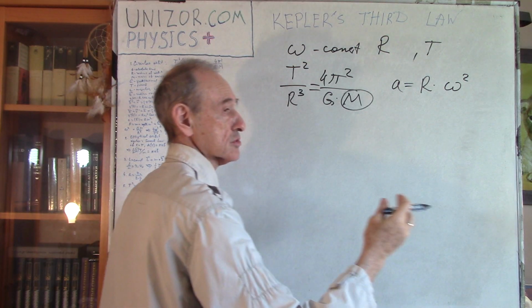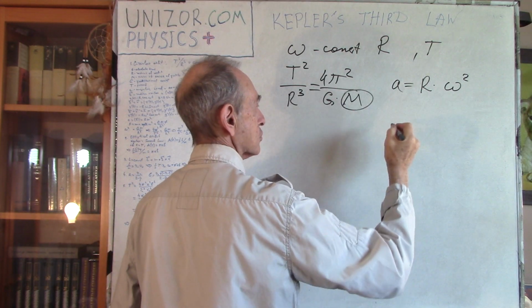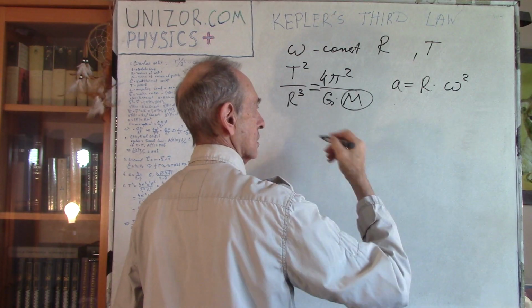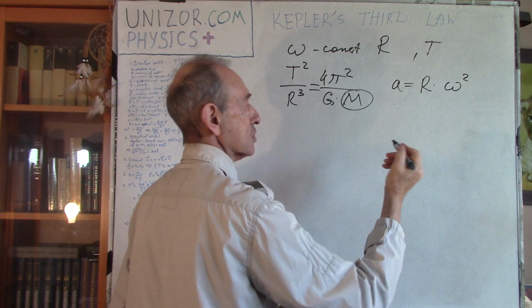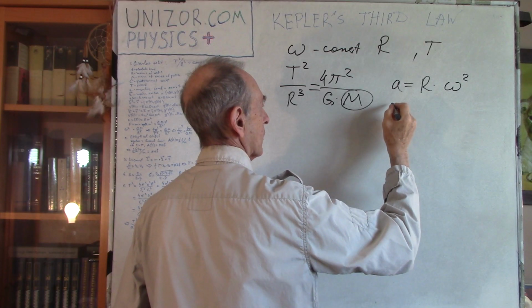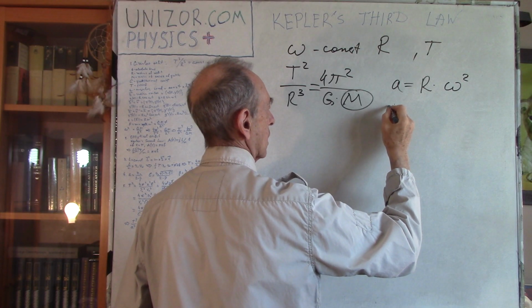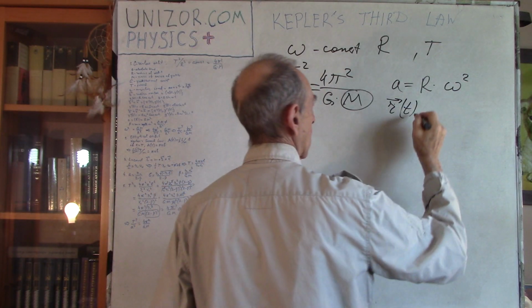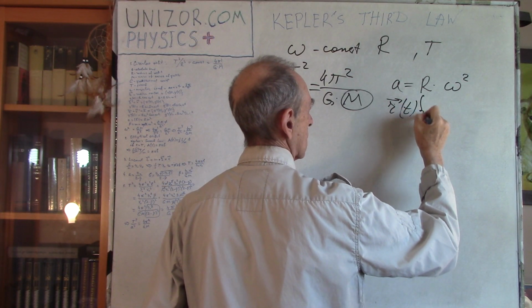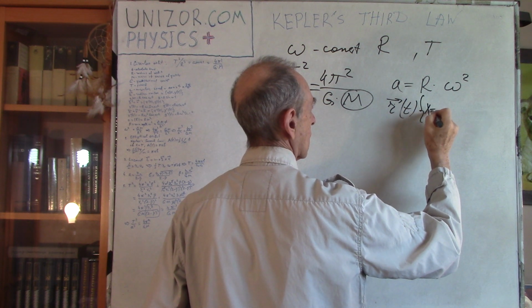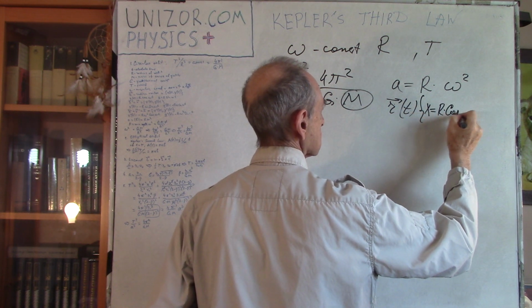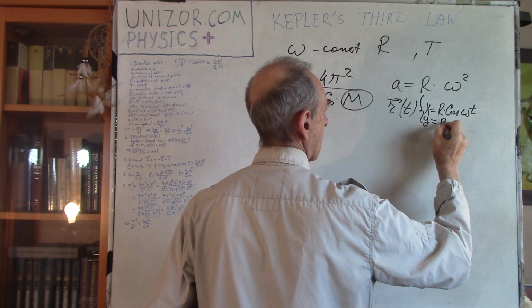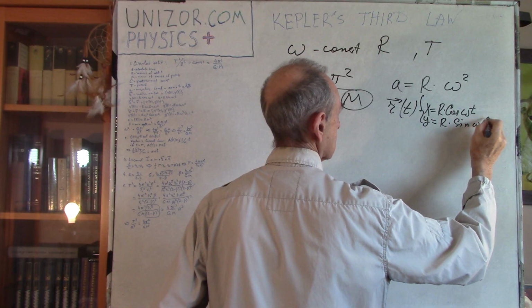Well, again, if you're interested, very quickly, the position of the object which is circulating the central gravitational source can be described by vector r, which depends on time, and it contains two components: the x component, which is r cosine omega t, and the y component, r sine omega t.